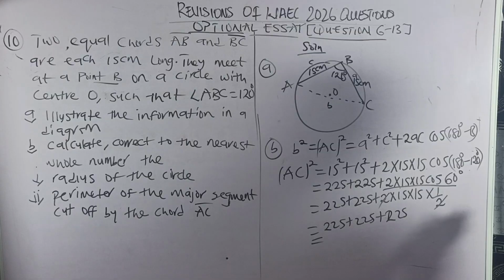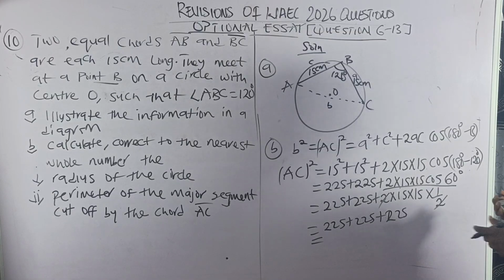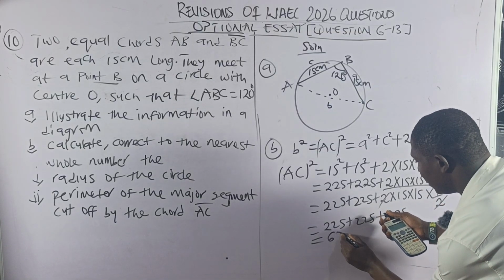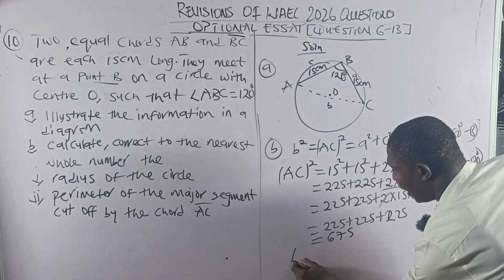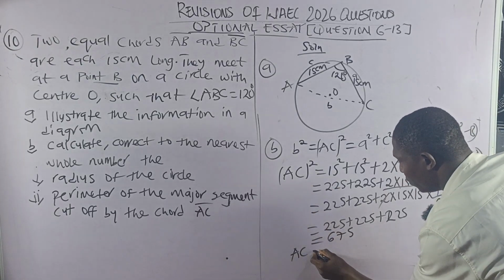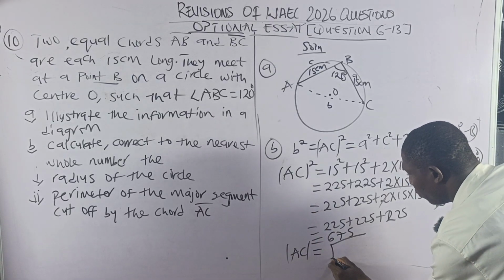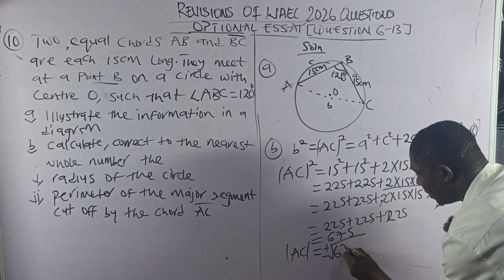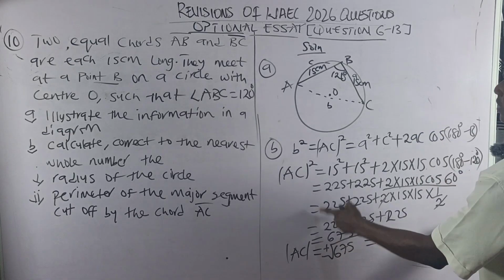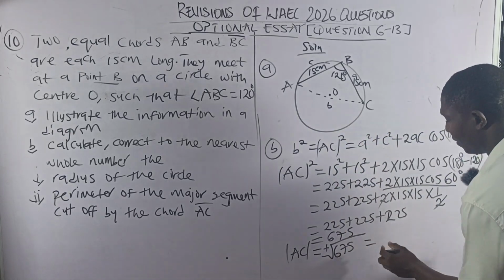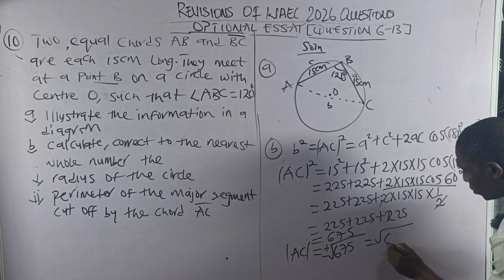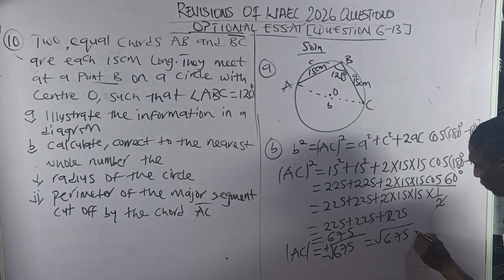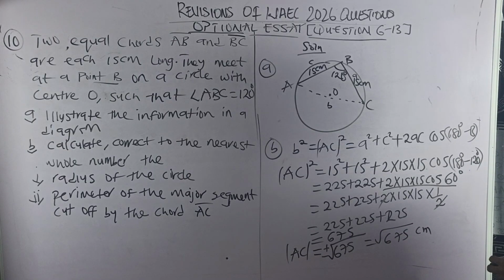So I have 225 plus 225 plus 225 to give me 675. And AC, when I remove my square root, I have AC equals plus minus the square root of 675. Since a side of a triangle must be positive, I therefore have the square root of 675 centimeter as my AC.